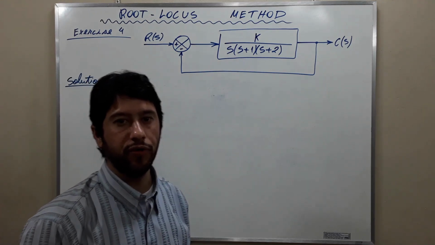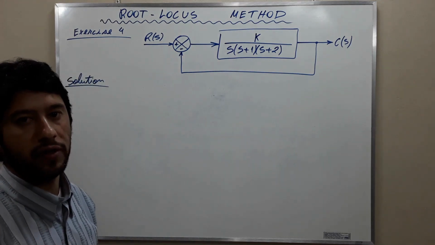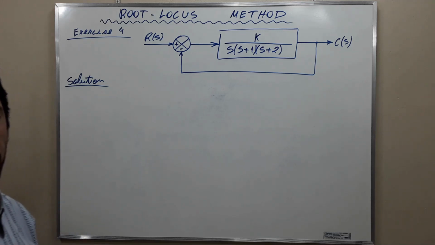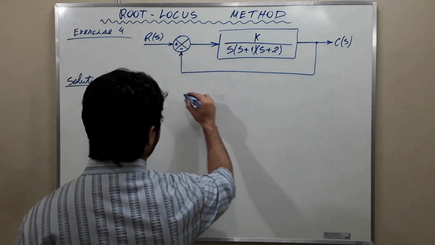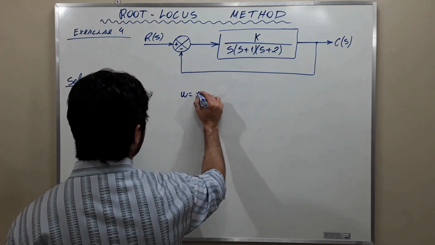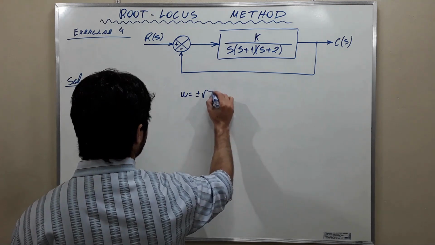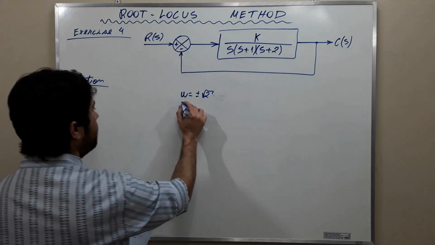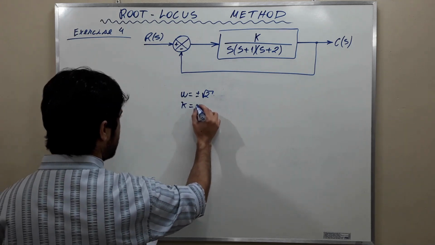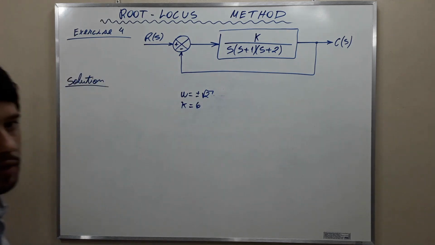By following this procedure, we discovered that the frequencies at the crossing points on the imaginary axis are w equal to plus or minus square root of 2, for K equal to 6. Okay, for a gain equal to 6.